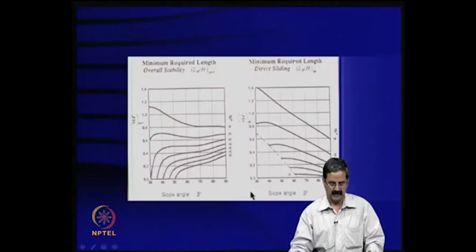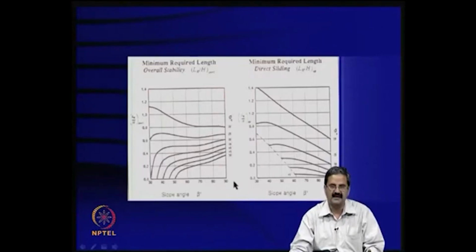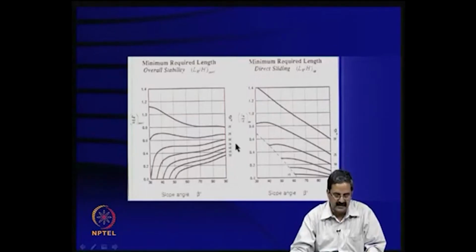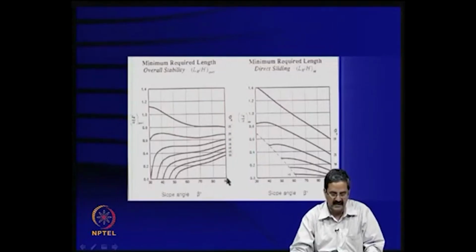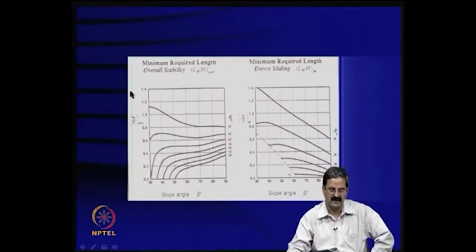So that is about vertical, and that is just a preliminary guideline. You can see that the same thing also comes here: if the wall is vertical and if the friction angle is 20 degrees, it is 0.8 times the length of the reinforcement.